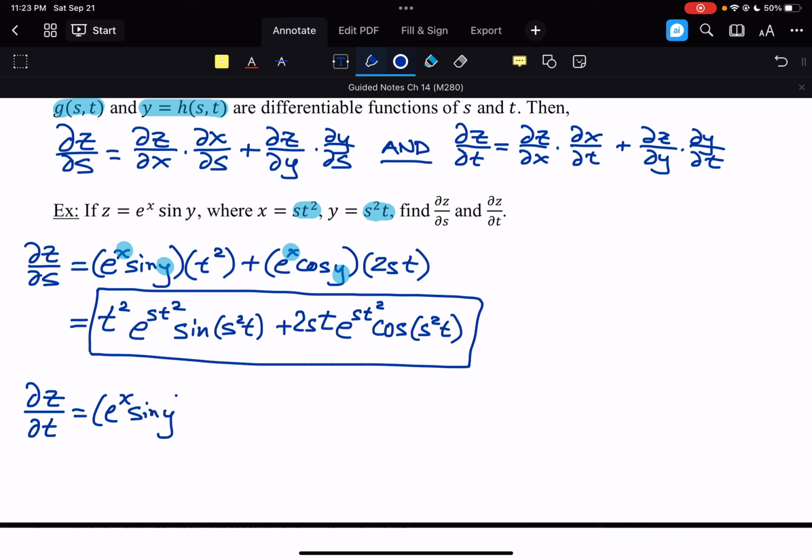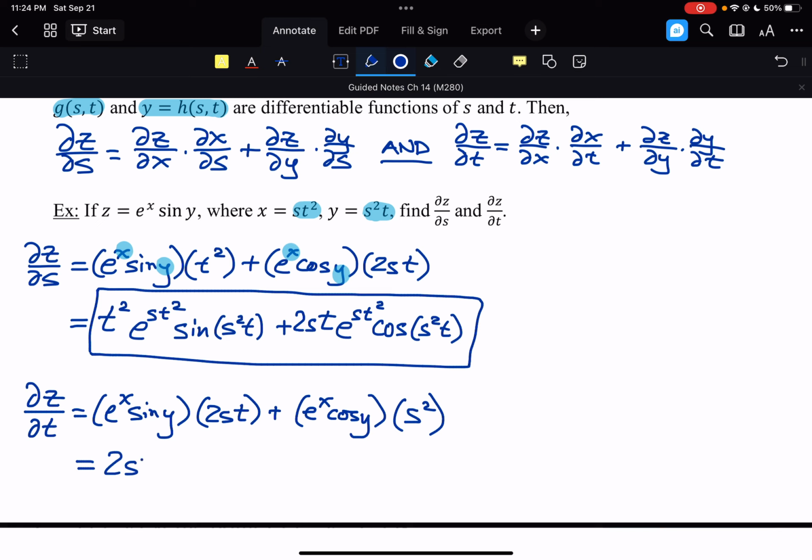So those two are the same. These partials will change. X with respect to t, we get 2st, plus then e to the x cosine of y. And then partial y with respect to t, we get just s squared.